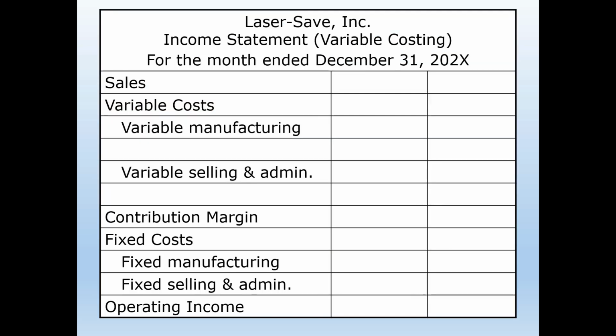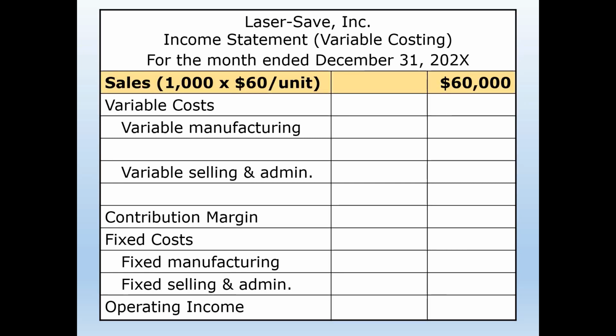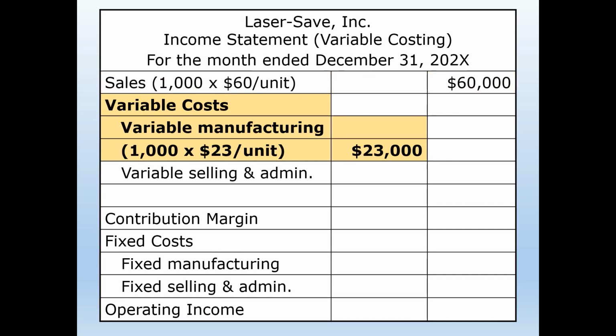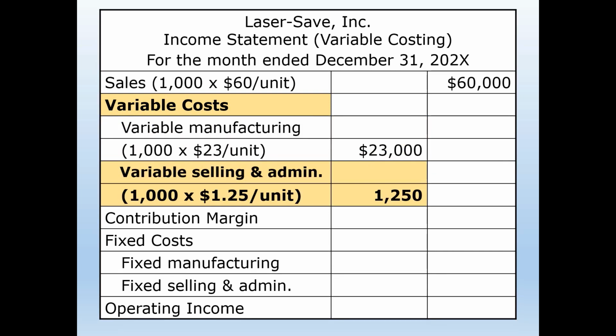On our income statement under variable costing for December, sales are still 1,000 units times $60 per unit. Variable costs include $23 of variable manufacturing costs times 1,000 units and $1.25 of variable selling and administrative costs times 1,000 units.